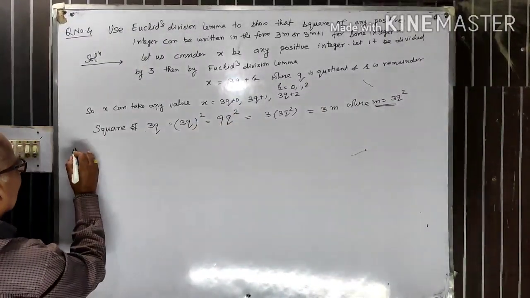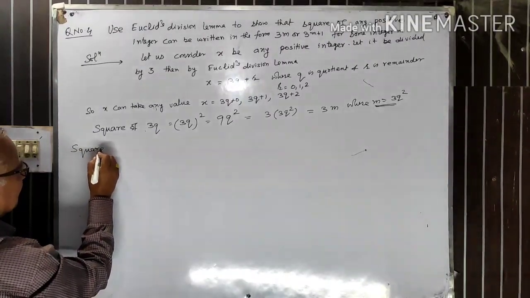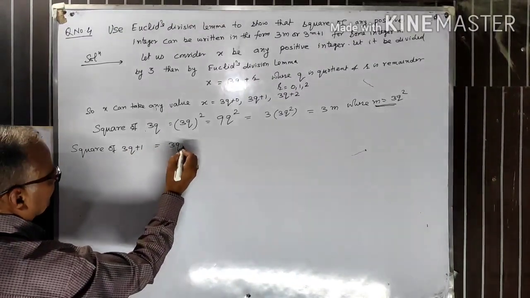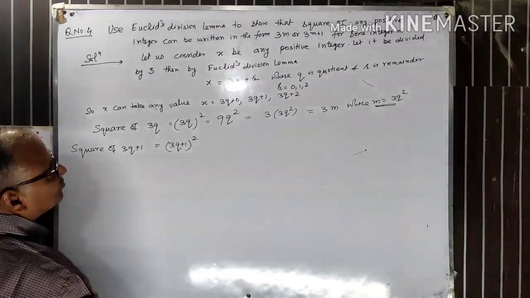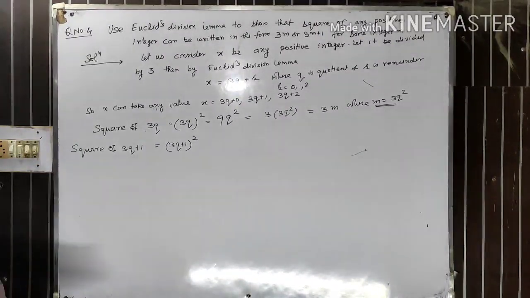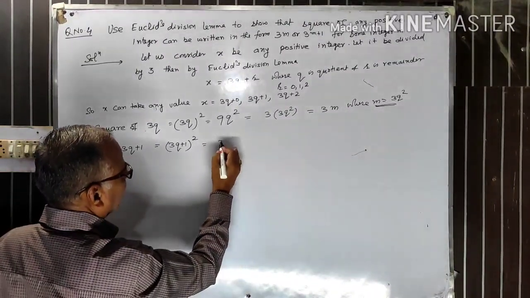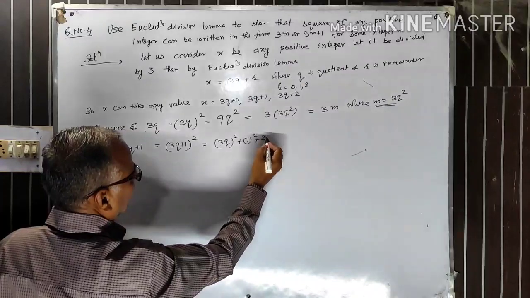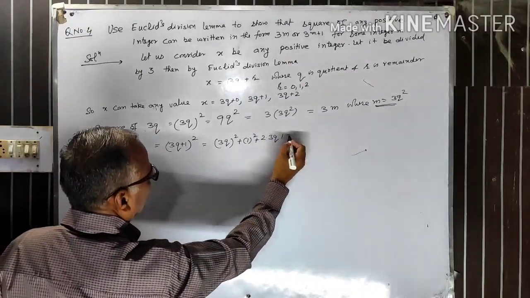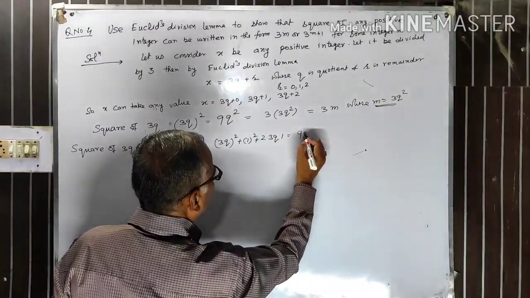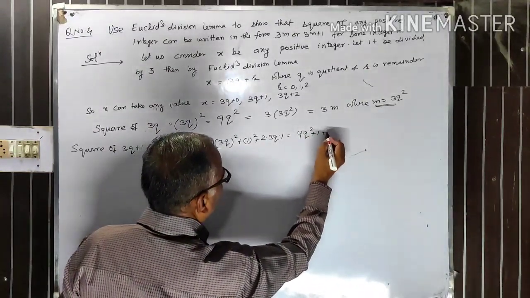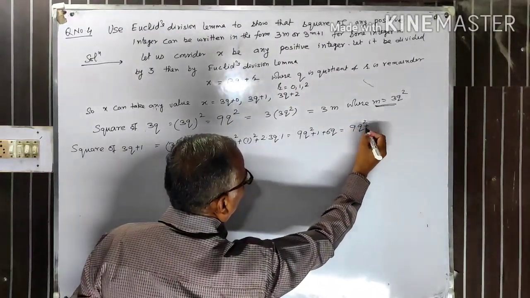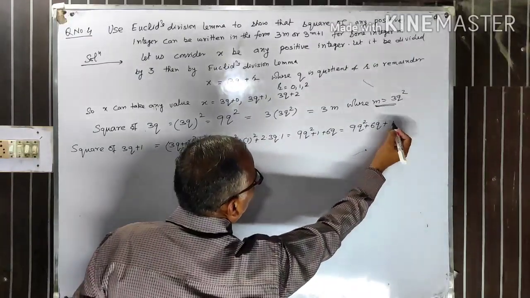Now squaring the second number, square of 3q plus 1. Open it using a square plus b square plus 2ab: 3q square plus 1 square plus 2 into 3q into 1, that can be written as 9q square plus 6q plus 1.